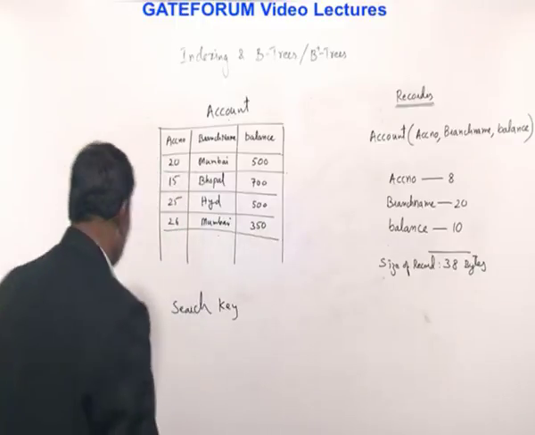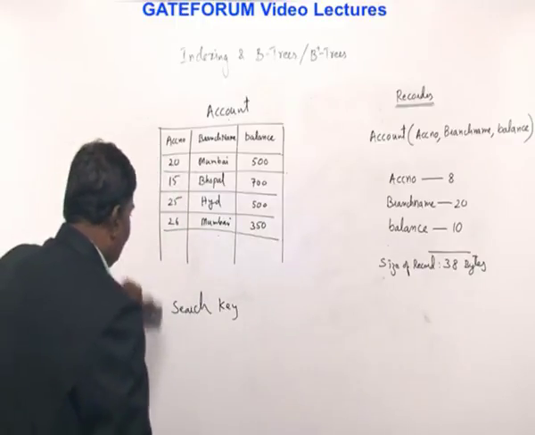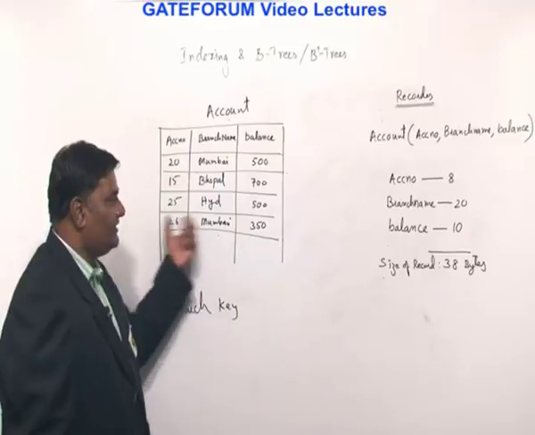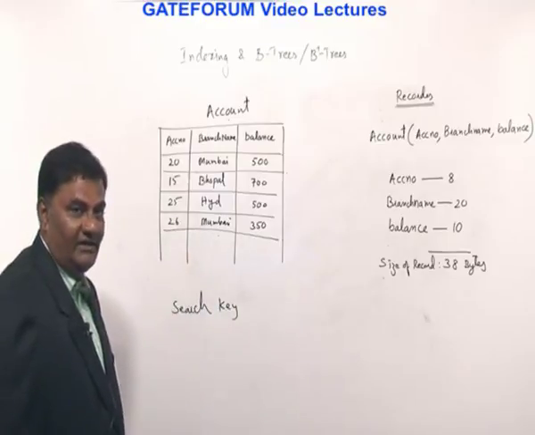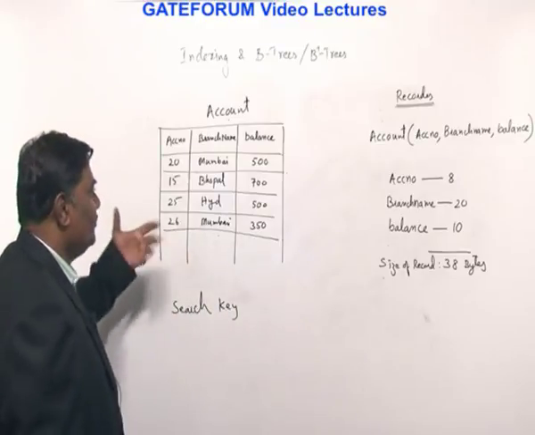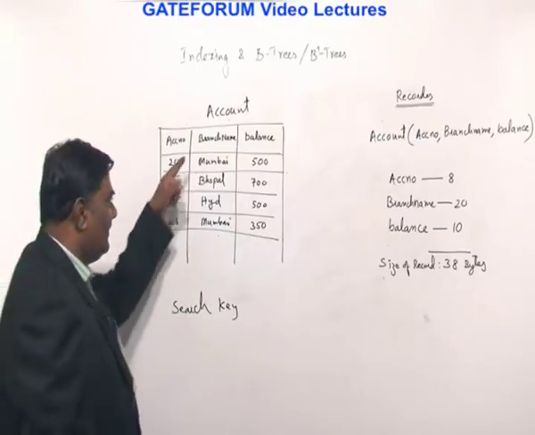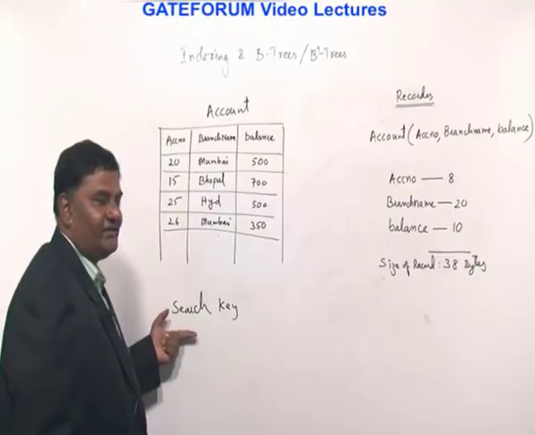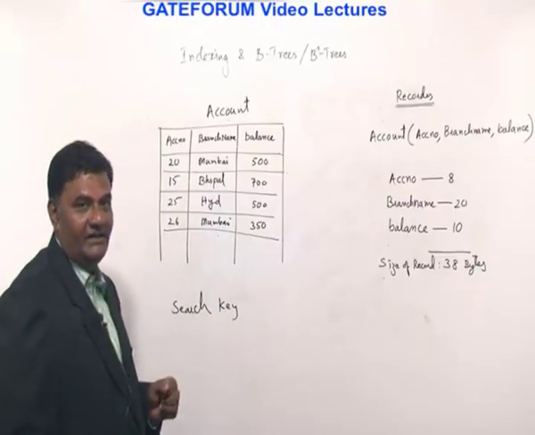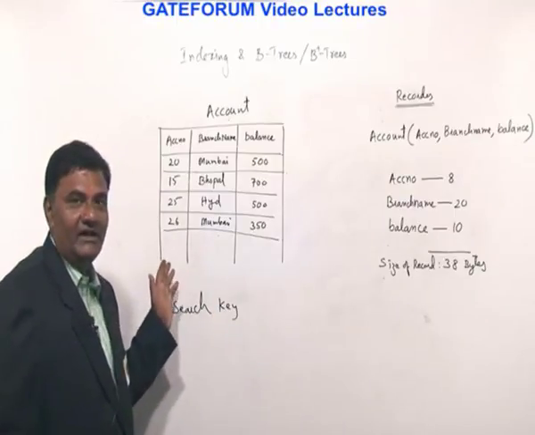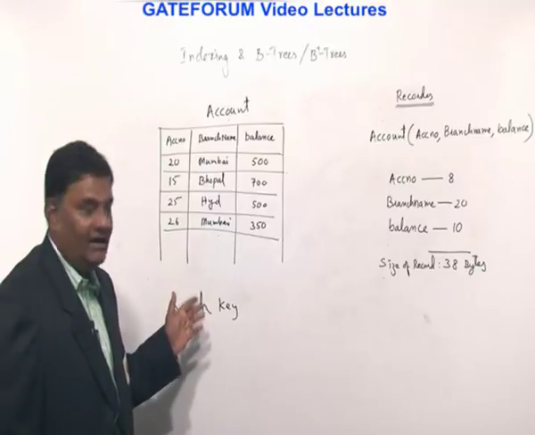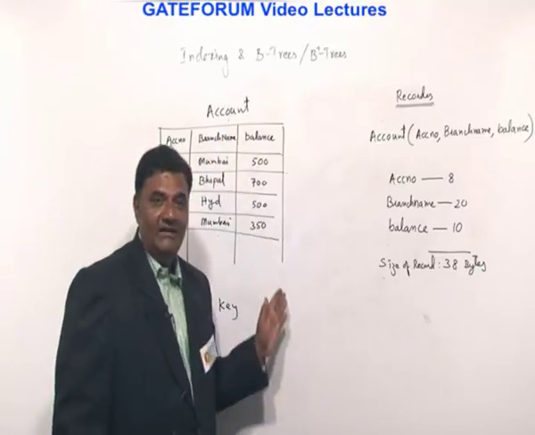Alright. Now, the thing is, how do you search these records more often? Suppose I search mostly based on the branch name. Then my frequent search key is branch name. Even I can search them using account number also. I can search based on balances also.